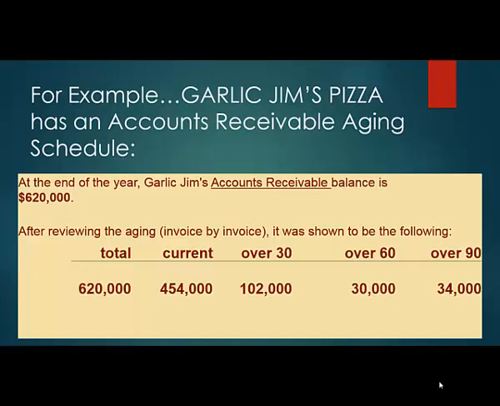But you can see that there's $454,000 current, $102,000 that are 1 to 30 days old, $30,000 that is over 60 days old, and $34,000 that's over 90 days old. Okay, so think about that. Garlic Jim's has invoices from customers that total up to $34,000 and are over 90 days old. It is likely that some of those will not be collected.